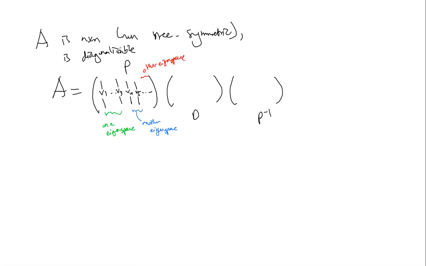Then if A is an n by n matrix, just any matrix that's diagonalizable, one can always perform Gram-Schmidt on each eigenspace separately.